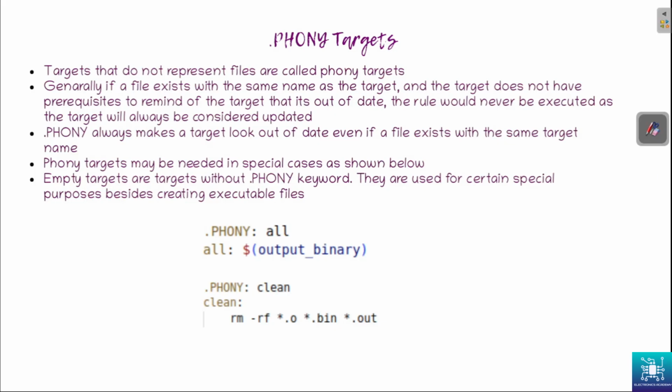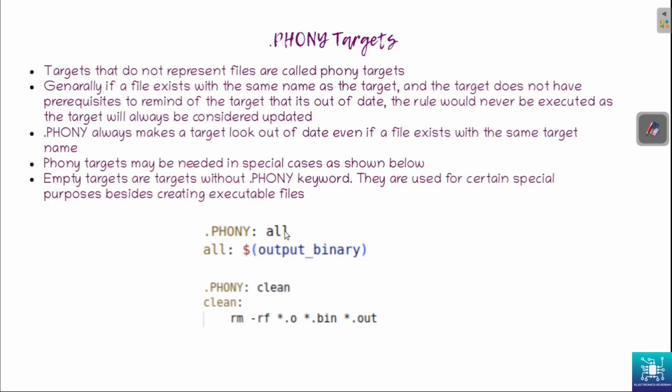Now, phony is a false target. If you name a target as all, suppose you can name the target as anything, right? So if you say .PHONY all, and suppose you have the output binary, you would have seen make all commands given in many projects when you have to build your project. Generally, the dependency starts from here, and we'll see that in the demos.